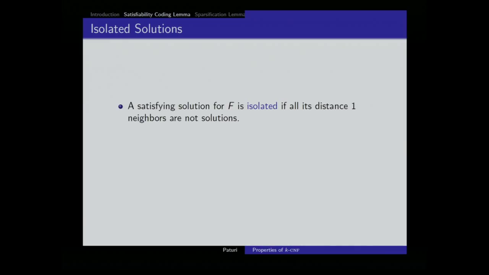If you look at a KCNF with the previous property, that it is accepting some odd inputs while rejecting all even inputs, you can look at all the inputs that it is accepting, or satisfying. Those satisfying assignments are isolated. That means if you flip one of the bits, you get an assignment which is rejected by the KCNF, because it's an even input.